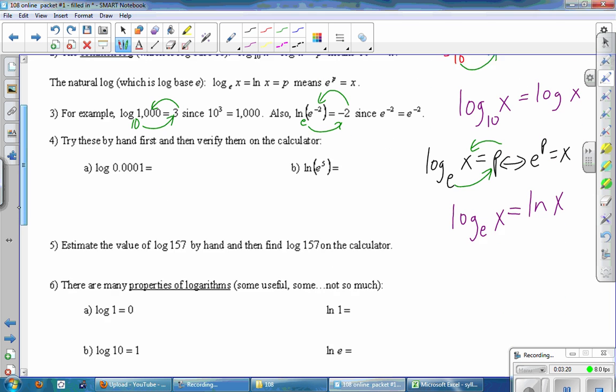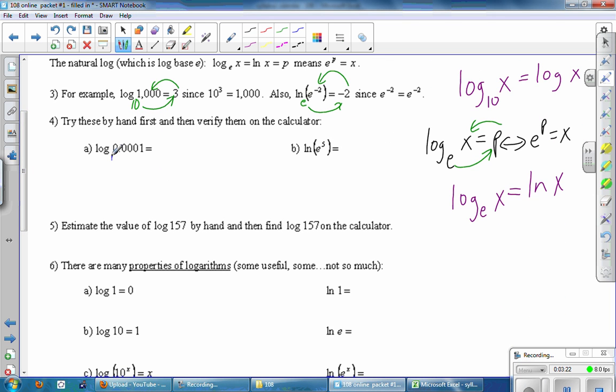Okay, for the first part, we're looking to take 10 and raise it to some power to get 0.0001. 10 raised to some power is 0.0001. Okay, it's going to be a negative power. We just got to get the right negative power. Is it negative 4?